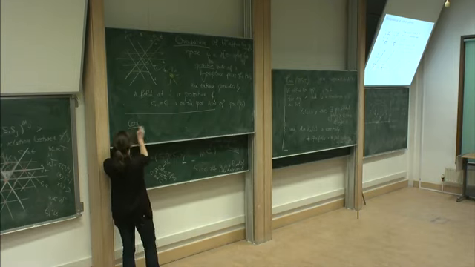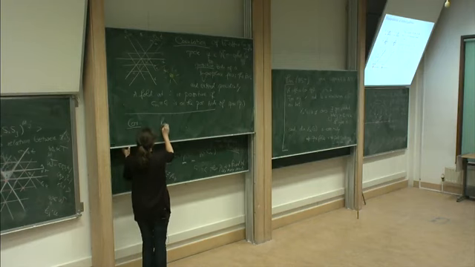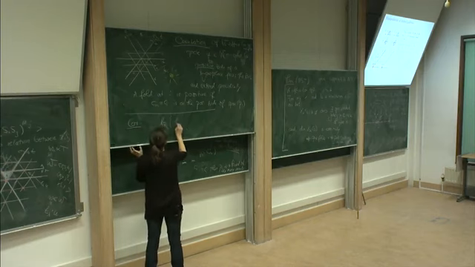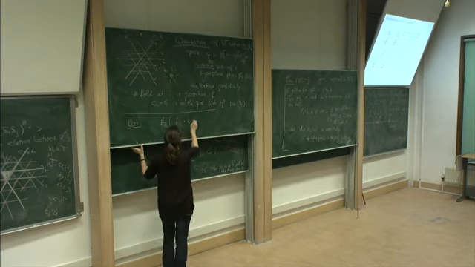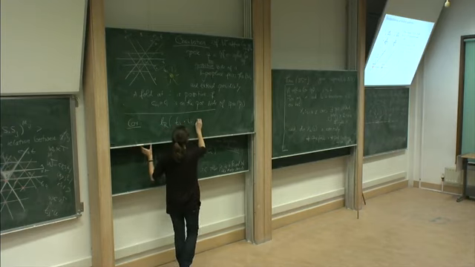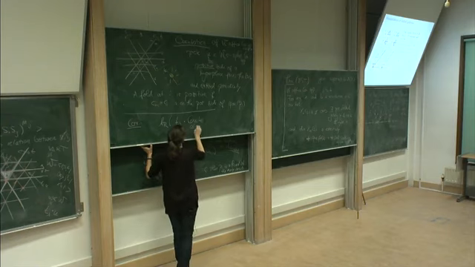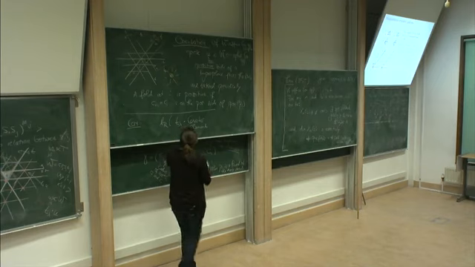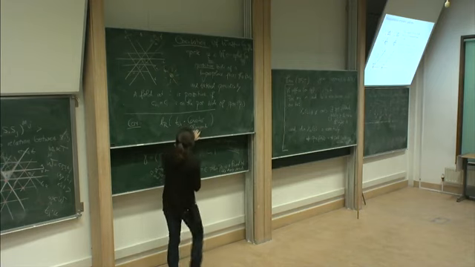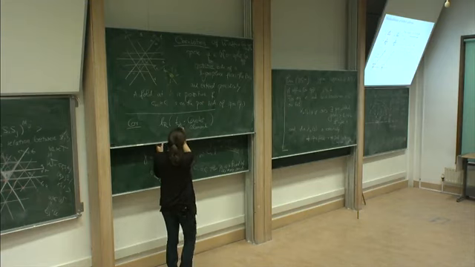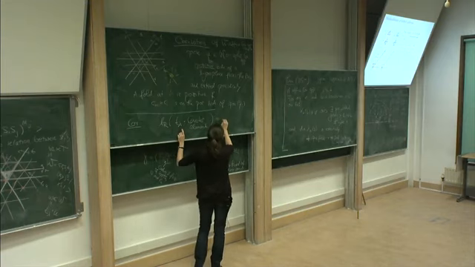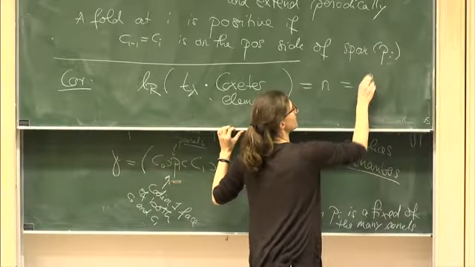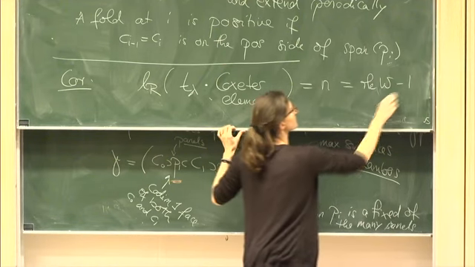So as a corollary, we obtain that the reflection length of elements of this form, a translation times a Coxeter element, so this is just the product of all generators of the spherical group, turns out to be n, which is the rank of W minus 1.